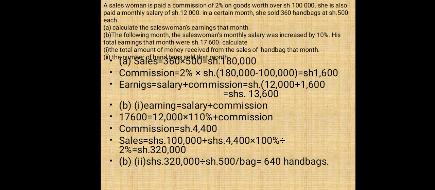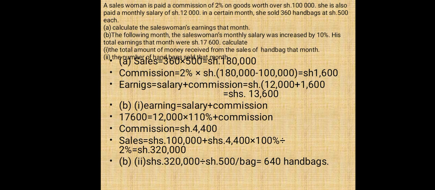4,400. Now, what will be the sales? The sales will be 100,000 shillings plus the commission times 100 divided by 2. Because if you have the commission of 4,400, the sales from which the commission was computed is found by multiplying the commission by 100 and then dividing by the percentage for the commission.